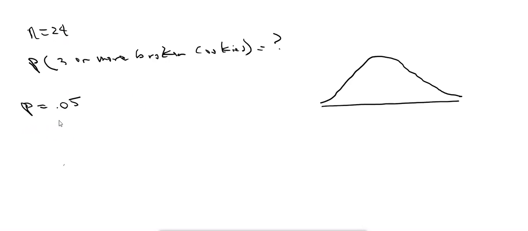Here's our probability of success, in this case a broken cookie on any given single trial. So the mean is equal to n times p, where n is 24 and p is 0.05.